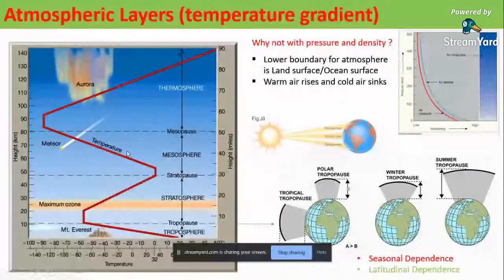If you come to the mesosphere, again the temperature decreases with height up to 80 kilometers. We can see minus 90 degrees centigrade at the mesopause height. And then again the temperature increases with height in the thermosphere, because the thermosphere is directly influenced by the sun's energy.